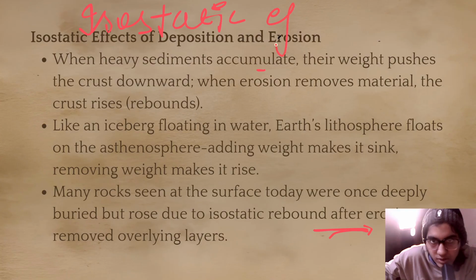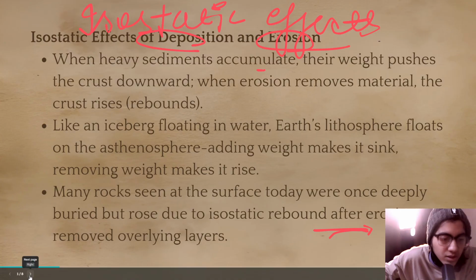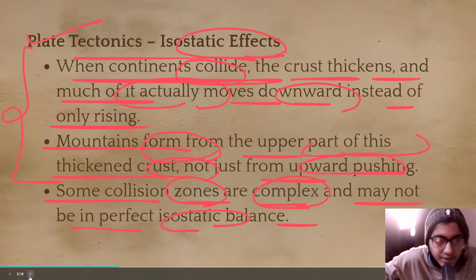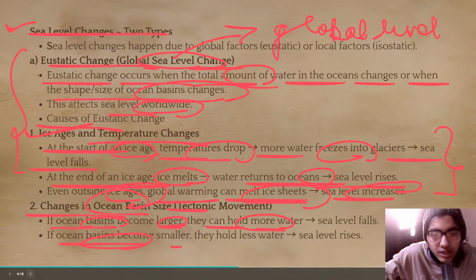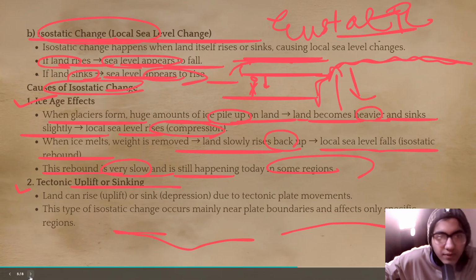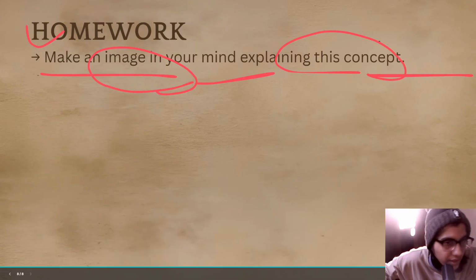In it we have studied deposition and erosion, what they do with the land, plate tectonics, ice sheets, and sea level changes like eustatic, the global level, and isostatic, the local level, and features of sea level changes like emergent landforms and submergent landforms.